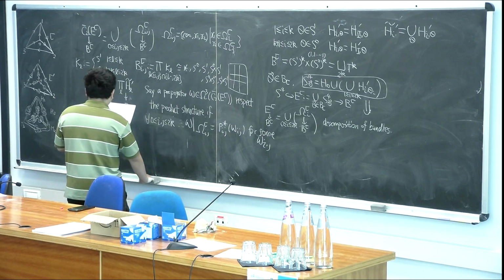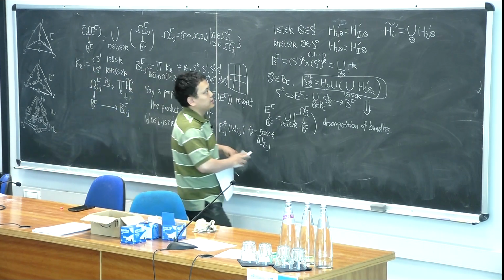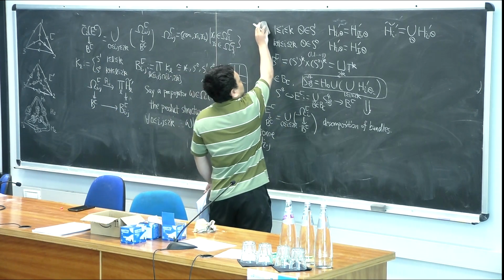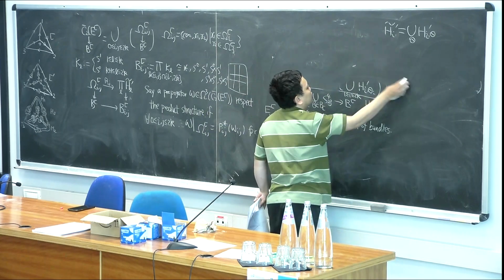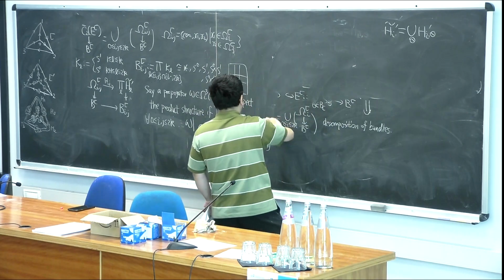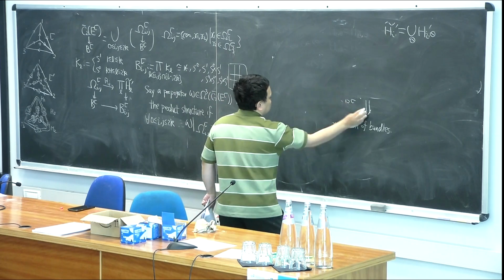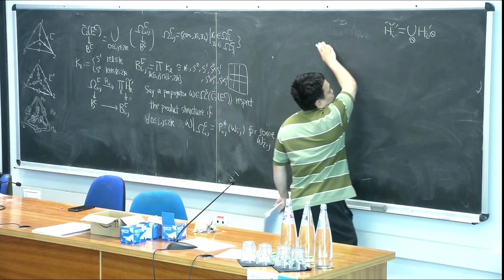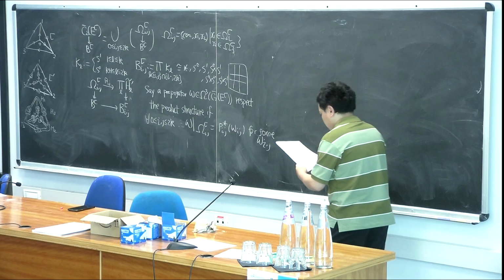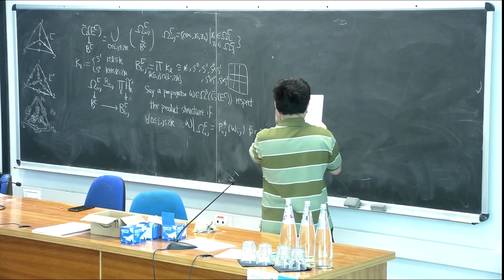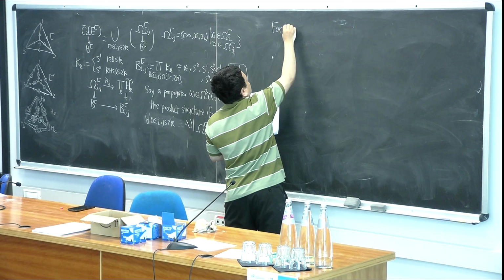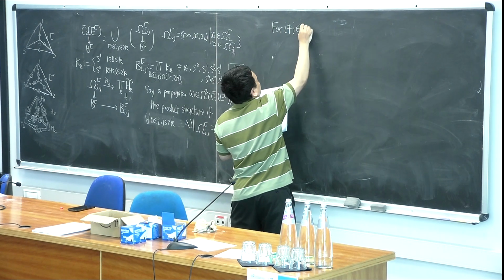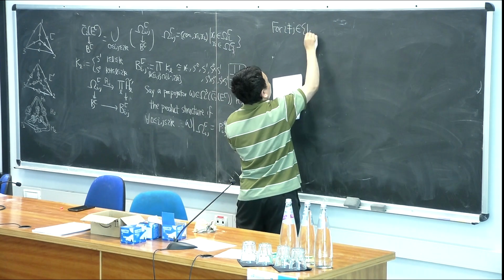And now we want a second property of a propagator. So what's the second property? Now let's consider two different elements from 1 to 2k.